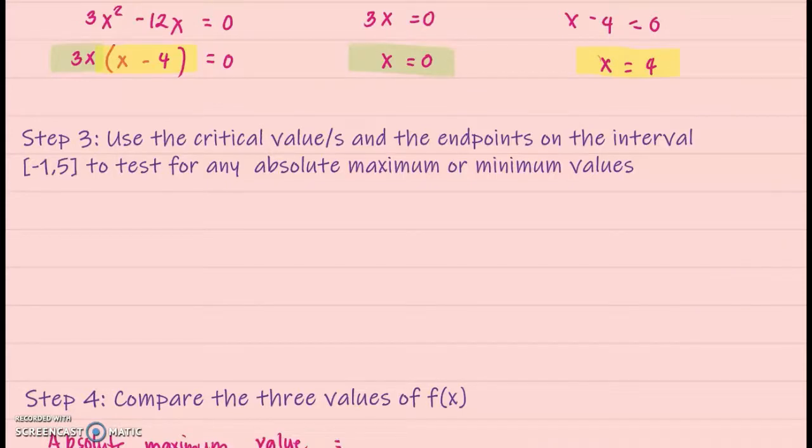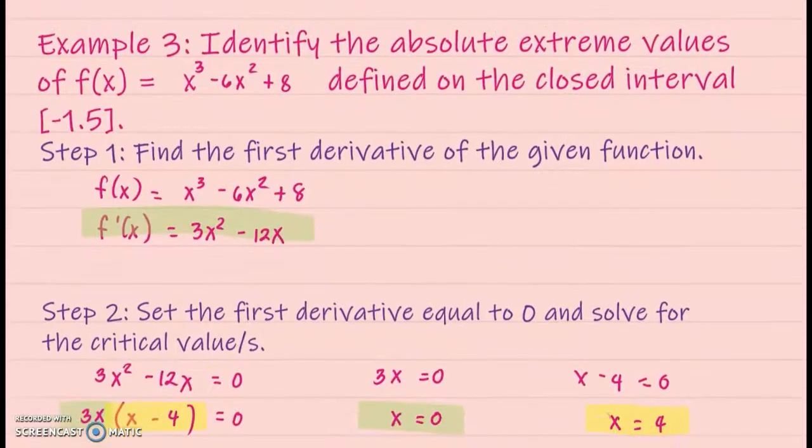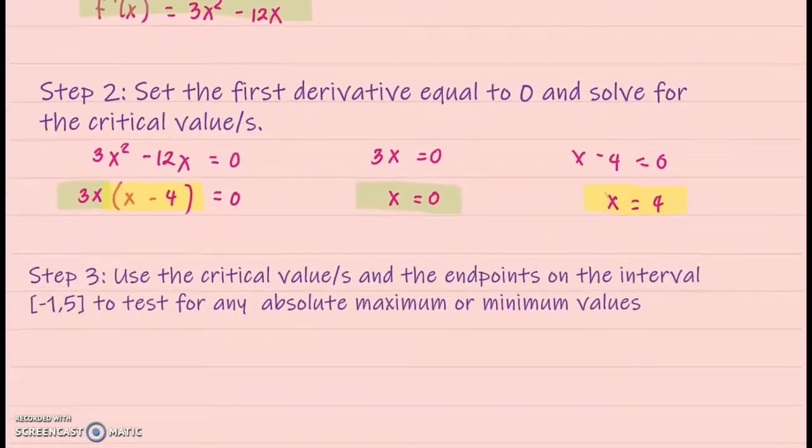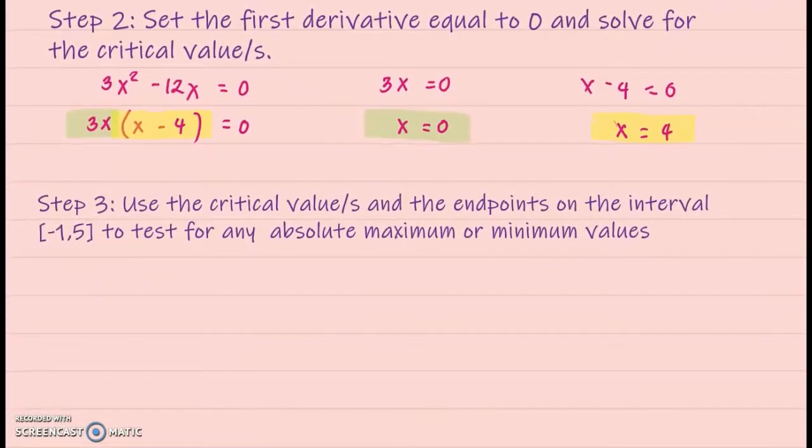Now let's be reminded of our function. Our function is x cubed minus 6x squared plus 8. So let's write it. F of x is equal to x cubed minus 6x squared plus 8.